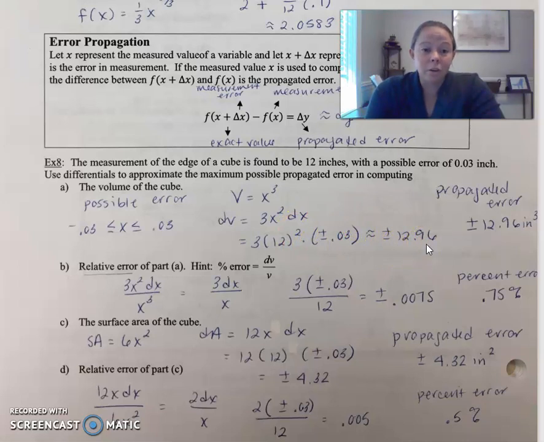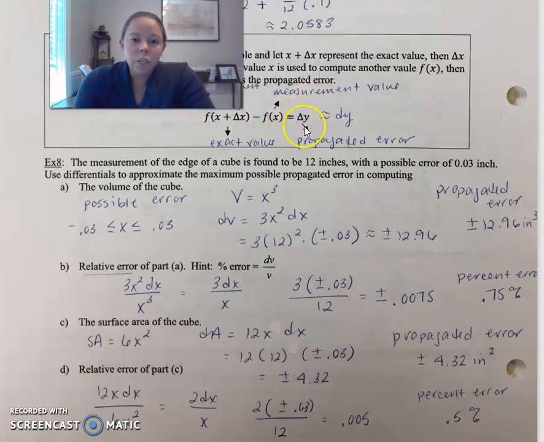That's your propagated error. You might say, Cogswell, where is this coming from? Because that's not the formula up here. But remember, we said earlier that this change in y is approximately the same as dy. So you can use your f prime of x dx, that differential. That's how we're using our differential to get this approximation, which we can say is pretty close.